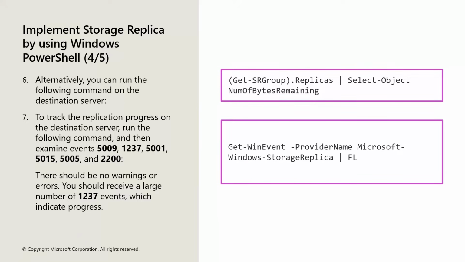The next step is to track replication progress on the destination server. You use Get-SRGroup and Get-WinEvent to monitor progress. You can look for event 1237, which indicates replication progress. Remember, there should be no warnings or errors.